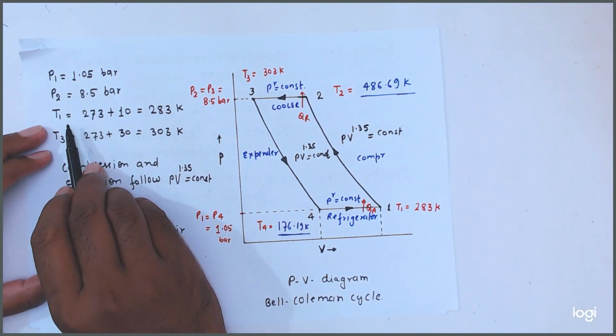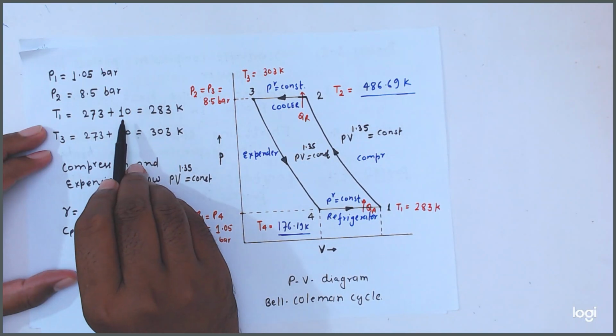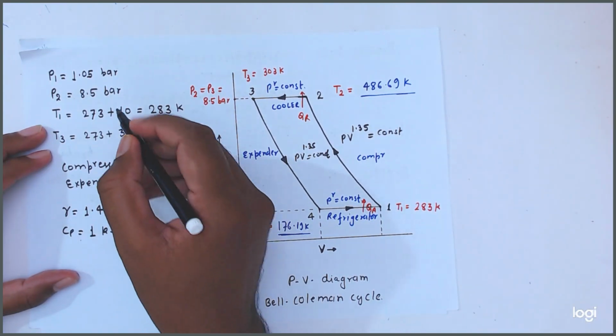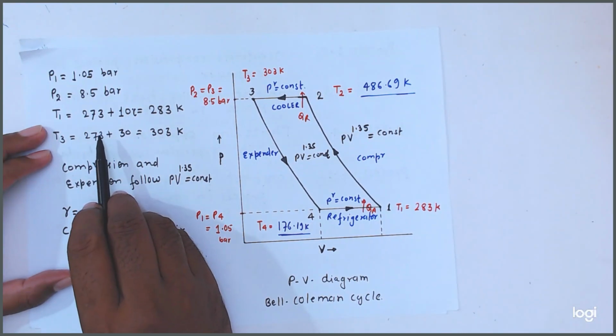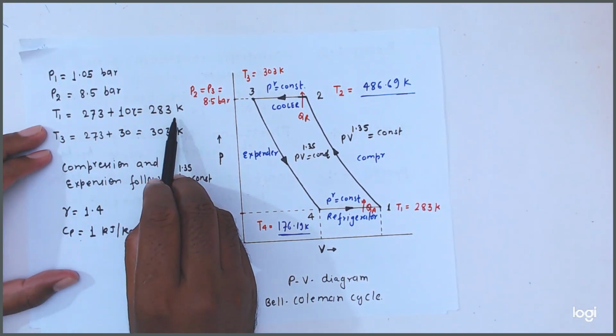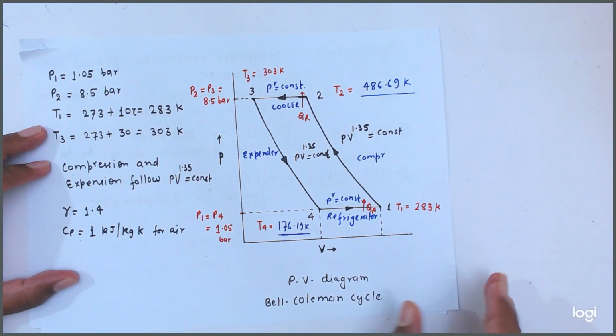What we will take is the temperature in Kelvin, the absolute temperature. It is given as 10 degrees centigrade, but we will take it on the Kelvin scale. So here the temperature is equal to 283 Kelvin.